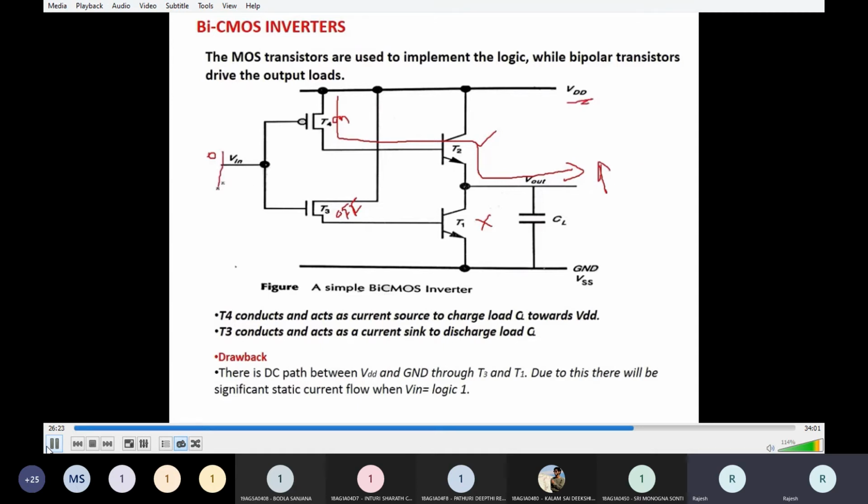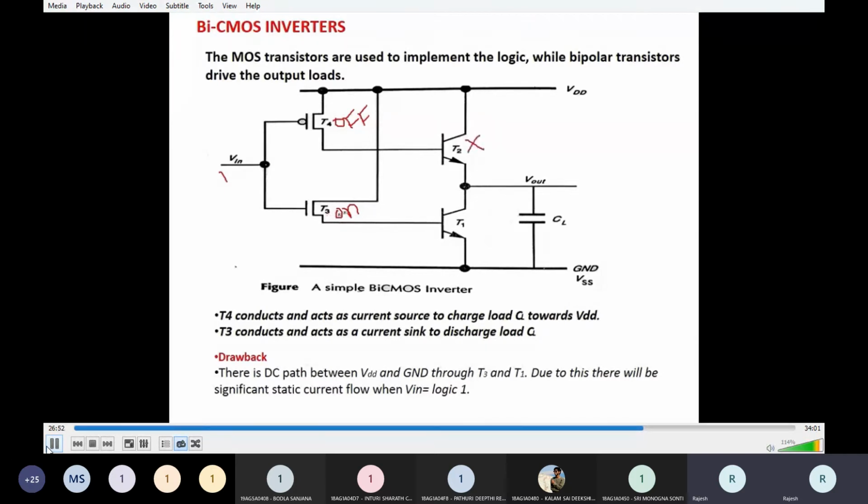Second case, for high input, for logic 1, this T4, this is PMOS, that's why it becomes off. Input is 1. Now the NMOS transistor becomes on. Off means open, there is no current flow. So it is open means this transistor is off.